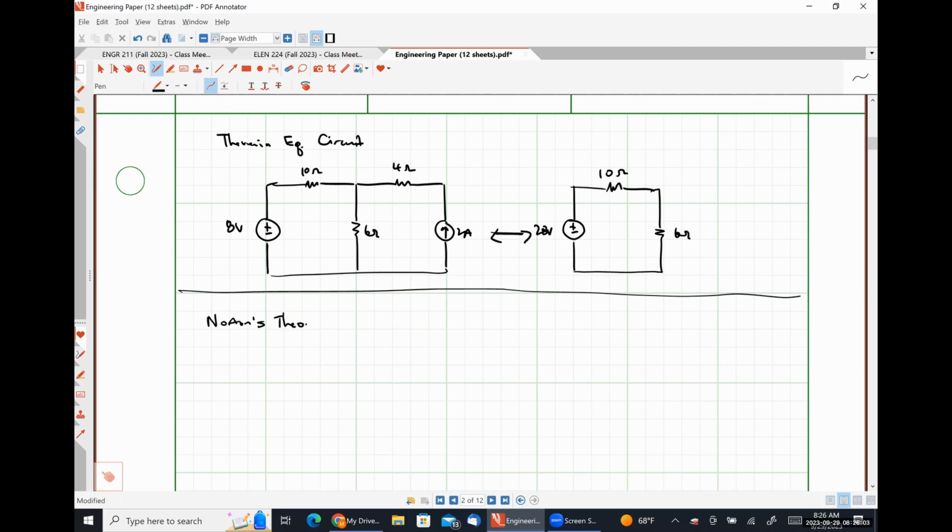So Norton's theorem was developed about, I think it was 60 years after Thevenin's theorem. Okay.